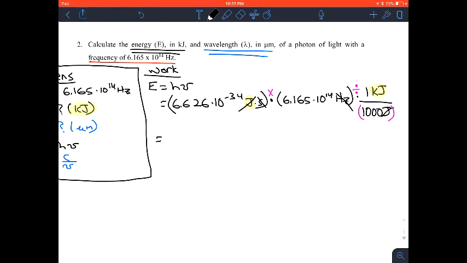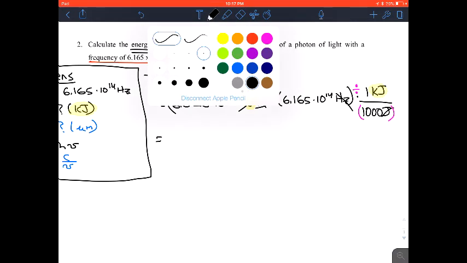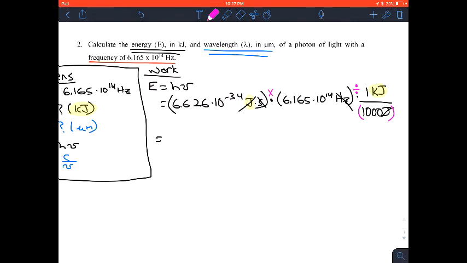So, do yourself a favor, okay? Especially if you don't feel too comfortable with the calculators. You're going to have 2 sets of parentheses. You're going to have parentheses here and here. Close parentheses here, multiply. Open here, close here, close here.